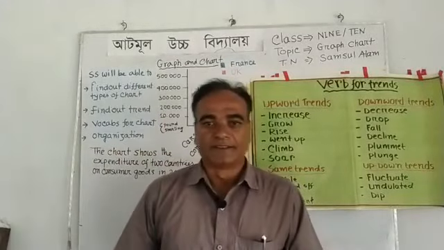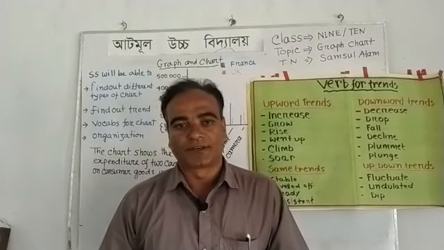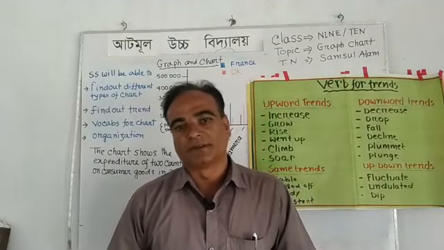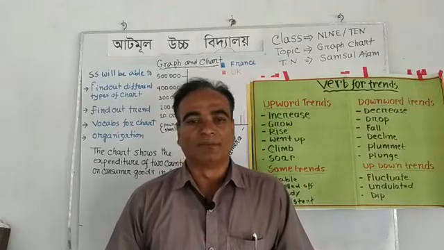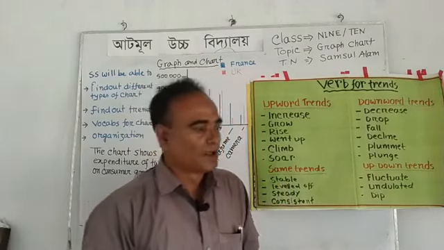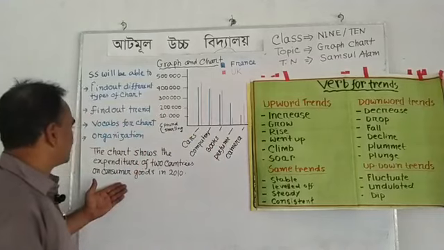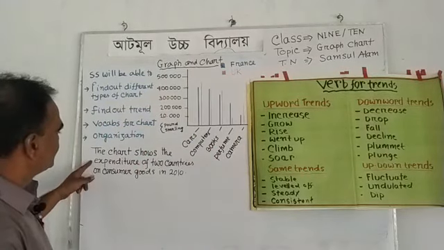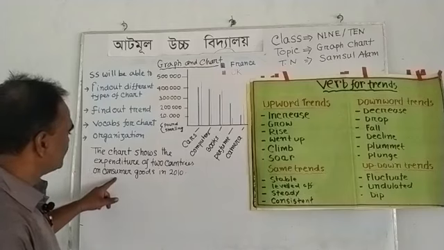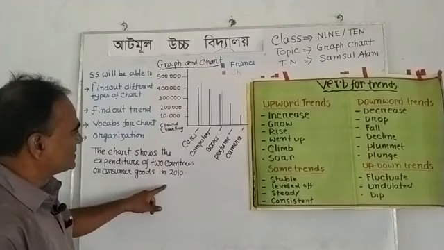So, in our public exam, the question is given that you have to describe a graph in 150 words, and the marks is 10. The chart is like this. The chart shows the expenditure of two countries on consumer goods in 2010.